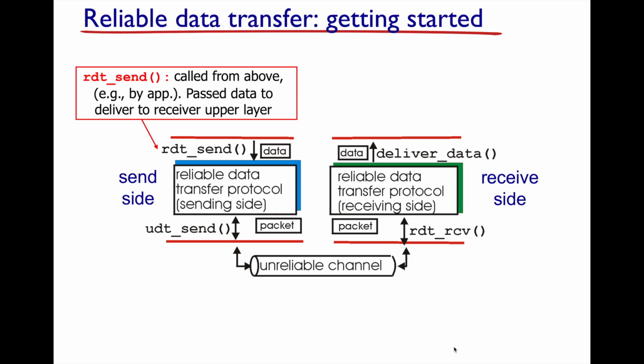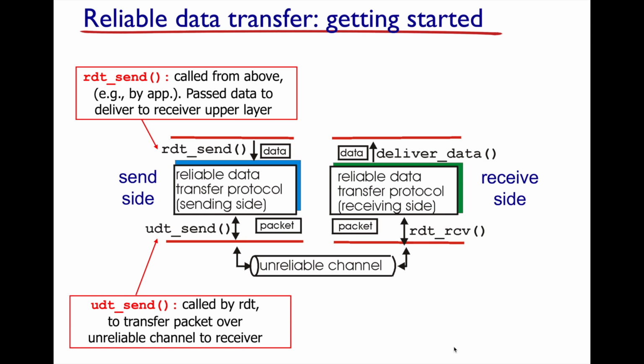And from the standpoint of the application on the sender side, when it sends that data, it doesn't know and it shouldn't care whether or not that data had to be resent. All of that is handled by the transport layer. That's what is meant by reliable data transport. This UDT send below represents the call that the transport layer on the sender side makes to the network layer below it.